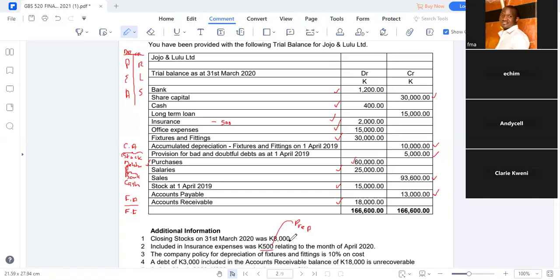So you must have at the back of your head the format of each of these two, the income statement and the balance sheet.